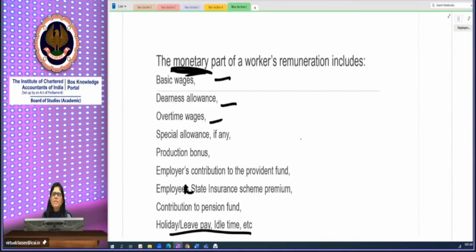It's going in cash to the worker's account, which will be paid either now or later. So these all are the monetary. So the employee cost includes all monetary, non-monetary, kind, benefit, facility, everything to be absorbed in the wage cost to the employer.